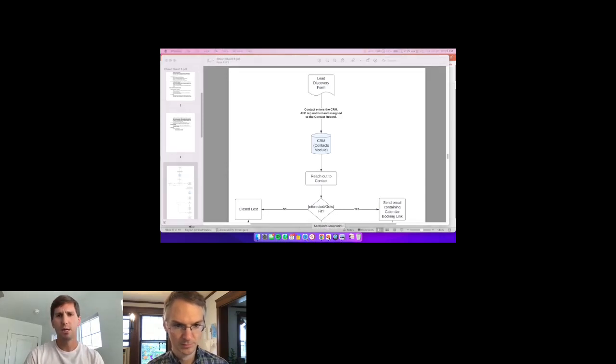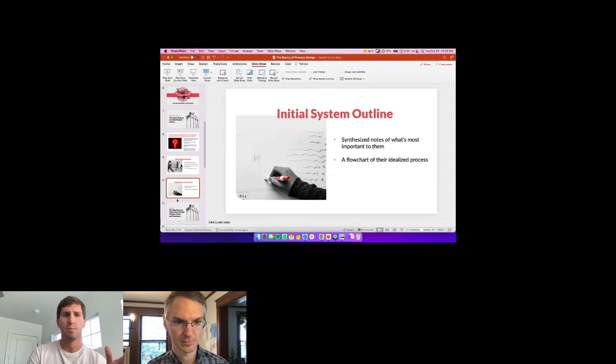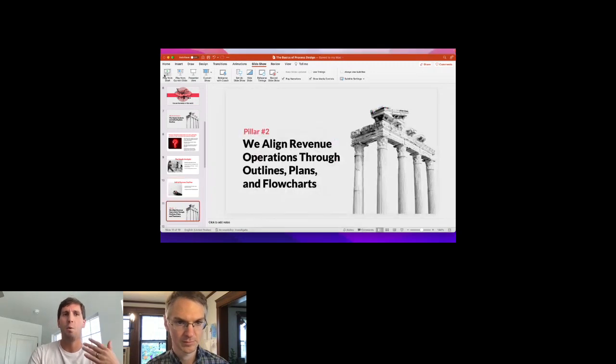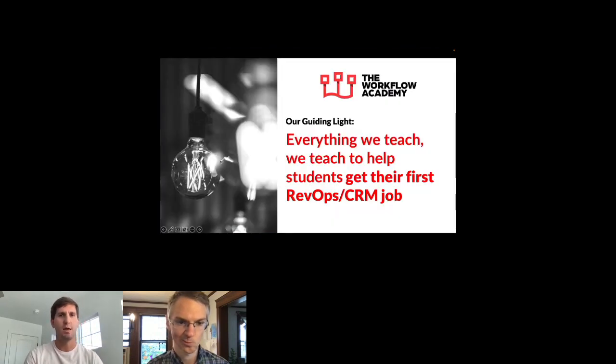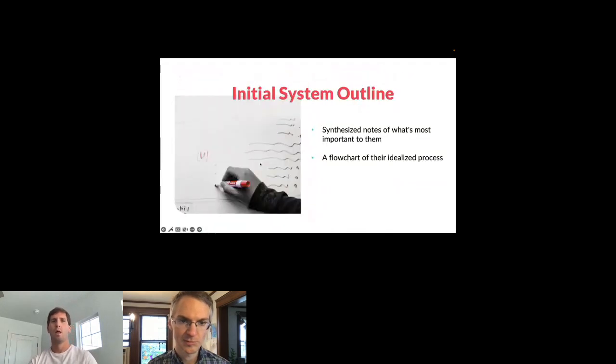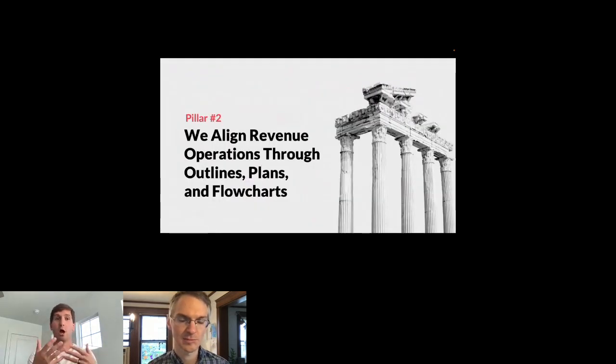So getting back to my jumping through these slides, I want to step back for a sec and talk about pillar number 2. The way that you will get a process implemented is by building outlines, plans, and flowcharts.